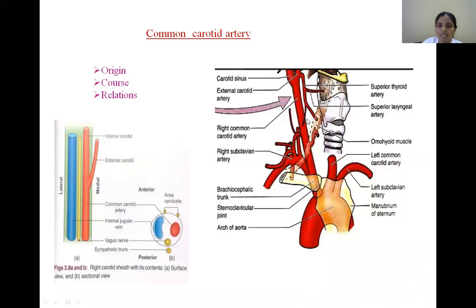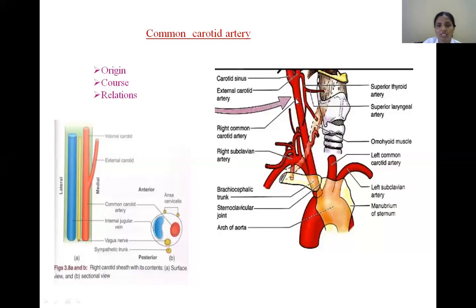What is the vertebral level for this extent? It lies exactly opposite the intervertebral disc between C3 and C4. So it represents the upper border of the thyroid cartilage.